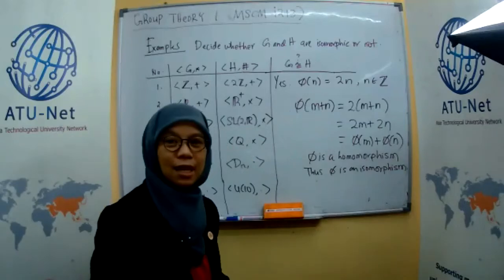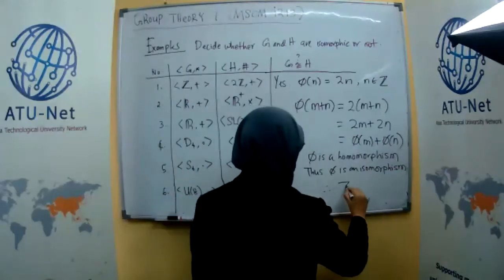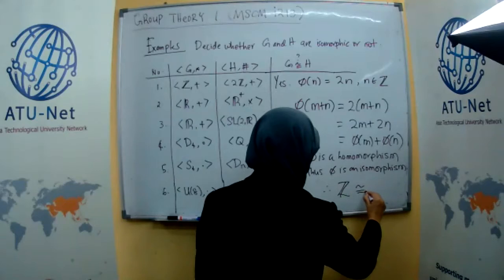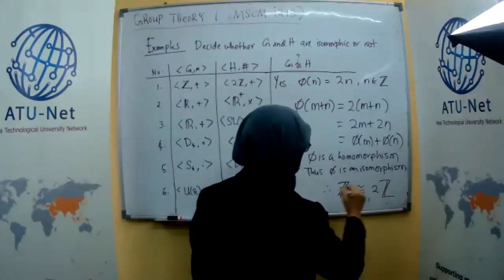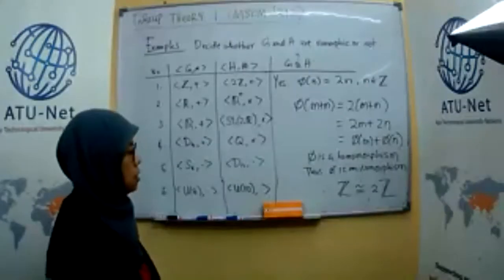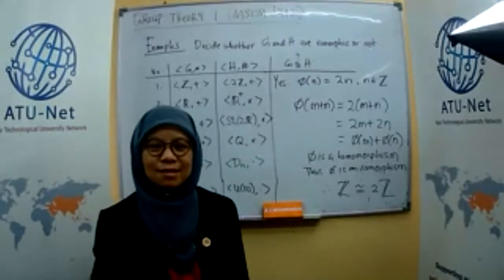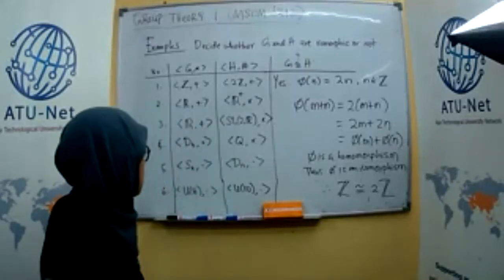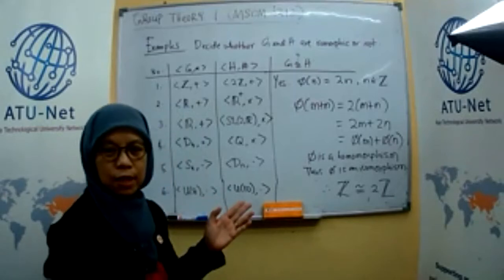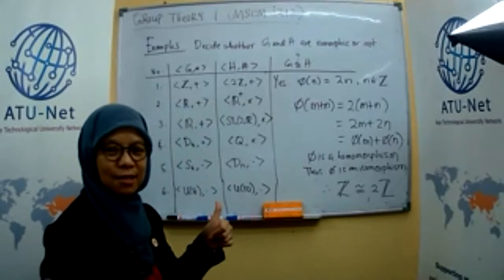And since it is an isomorphism, lastly, you will say Z is isomorphic to 2Z. Or you can say Z is also isomorphic to kZ. Okay, can be any. Okay, clear?